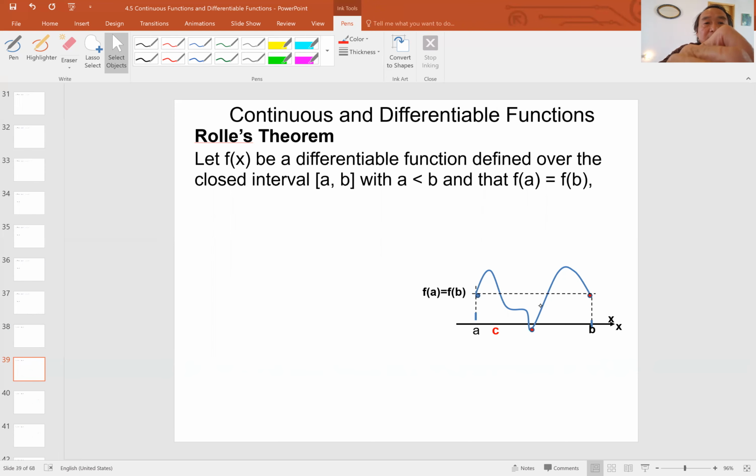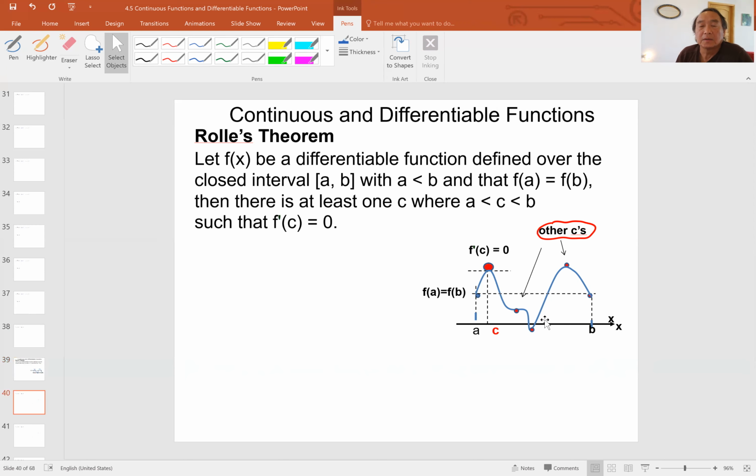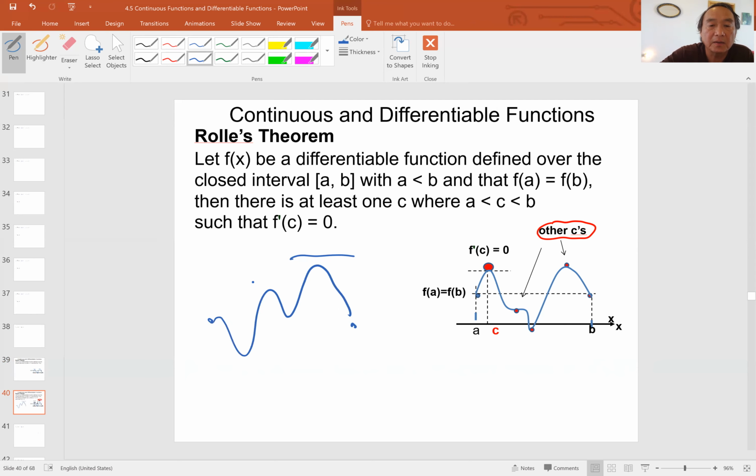Since it's differentiable, there must be a maximum and a minimum, so there must exist points where the derivative is zero. If the endpoints are at the same level of a smooth curve, there will be points where the derivative is zero.